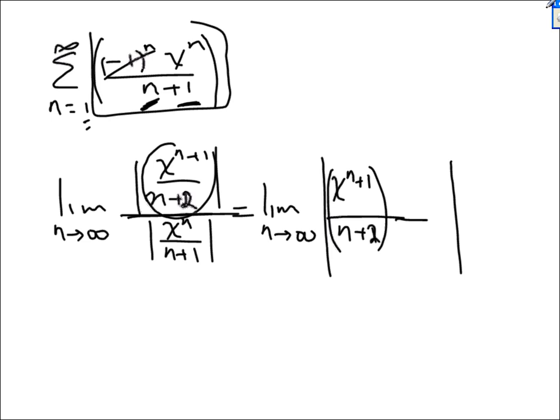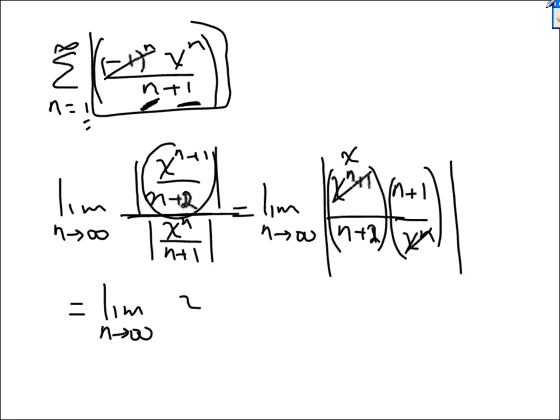It becomes n plus 1 over x^n. Now, let's clean this up a little bit. x^n goes into x^(n+1), x times. So we have x times n plus 1 over n plus 2.